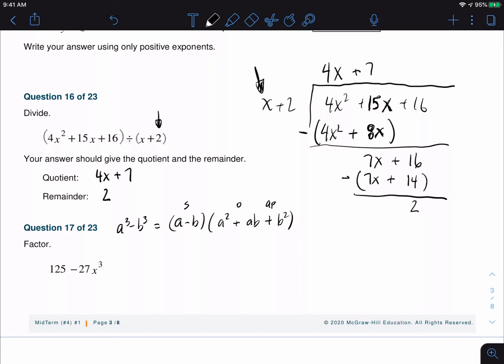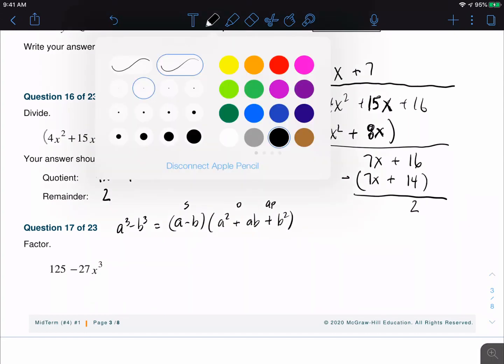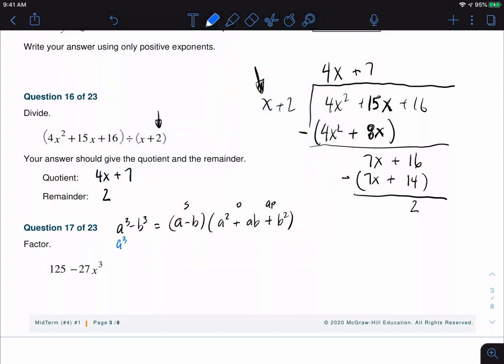I tell them it's SOAP. That's how you can remember the signs. So if it would have been the positive case, it would have been a plus b, because it's the same sign, a squared minus ab, opposite, and then always positive. Does that make sense?